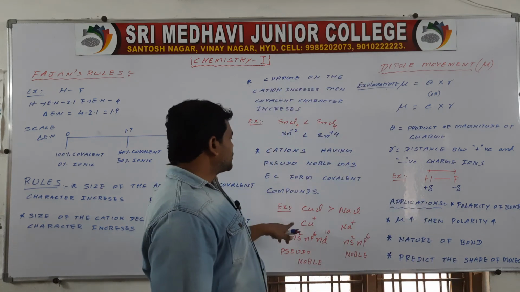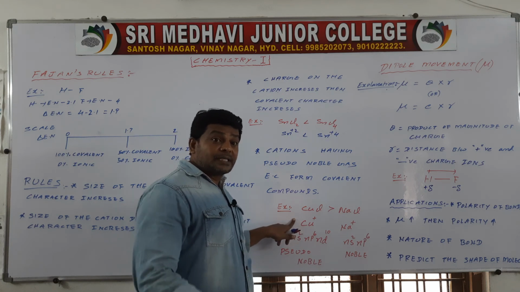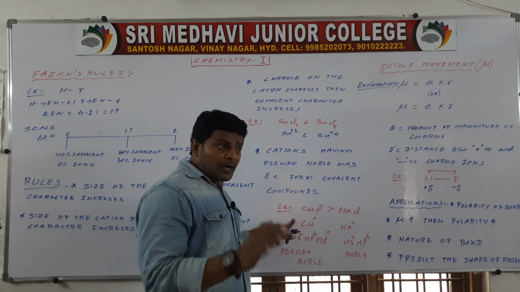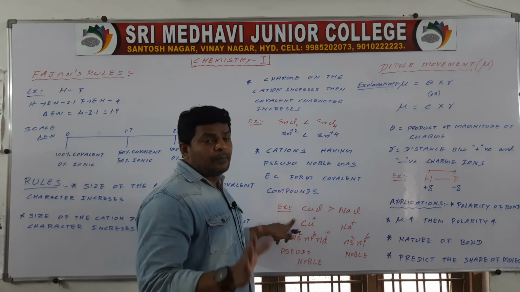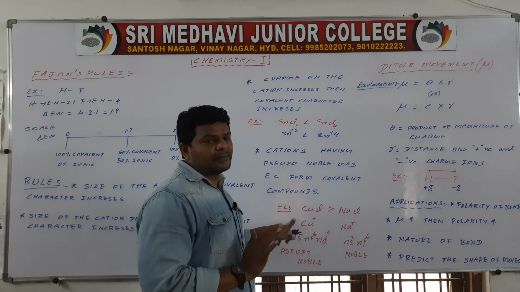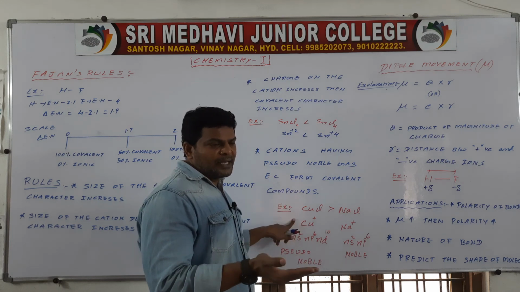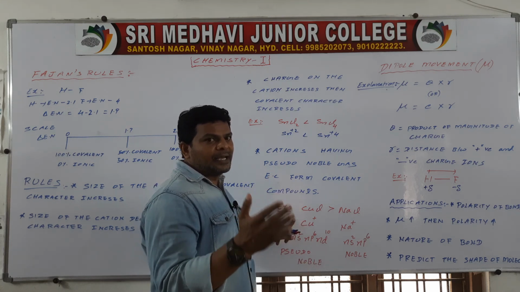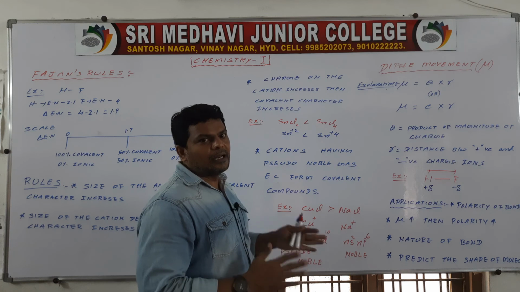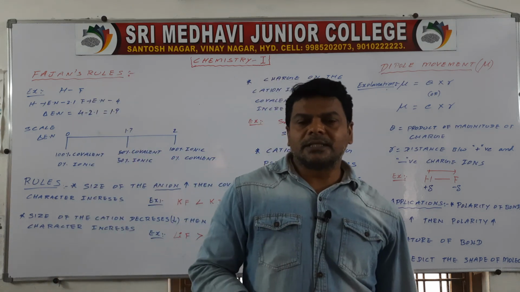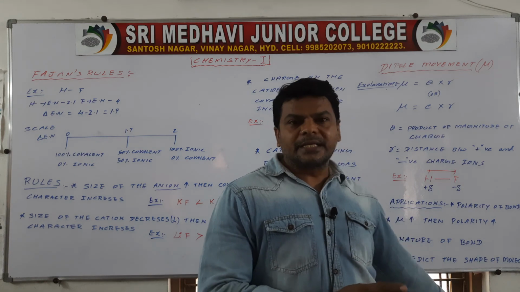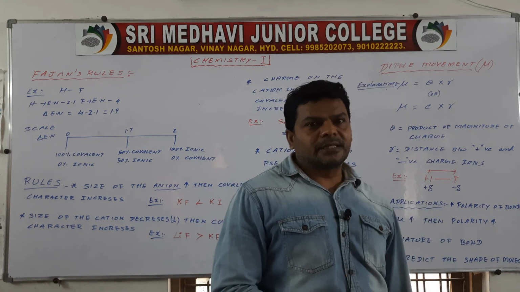So cations having pseudo inert gas electronic configuration form covalent compounds easily, meaning covalent character is high. Covalent character is high means at the same time ionic character is low. Okay. So this is briefly polarity of bonds, dipole moment, applications, and next Fajan's rule.